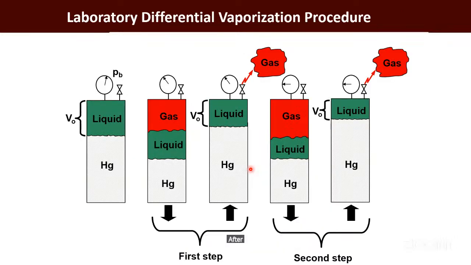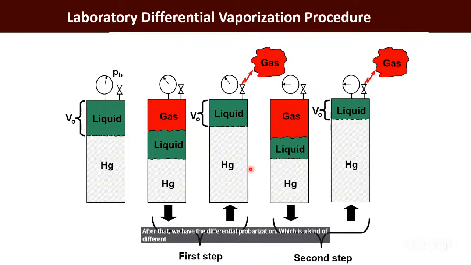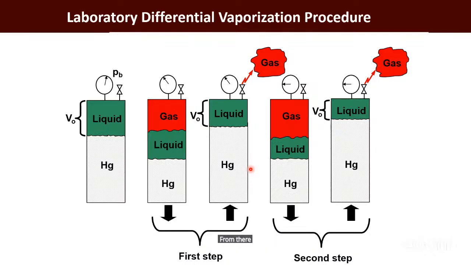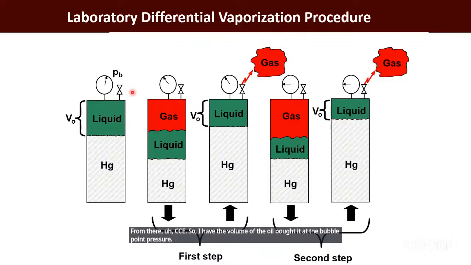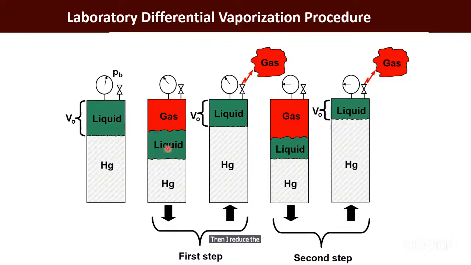After that, we have the differential vaporization, which is a different procedure. Now I know the bubble point pressure from the CCE. So I have the volume of the oil at the bubble point pressure. Then I reduce the pressure in steps, so some gas forms in the cell, by removing some mercury.